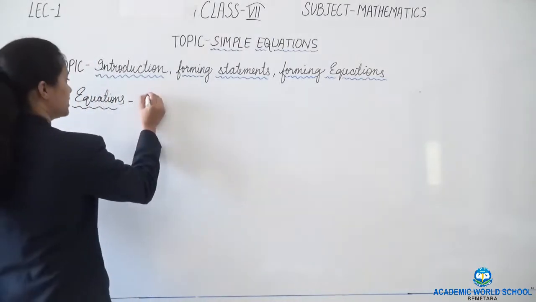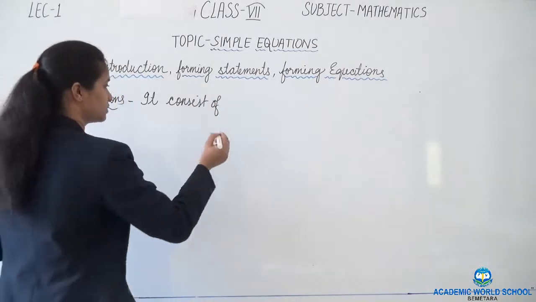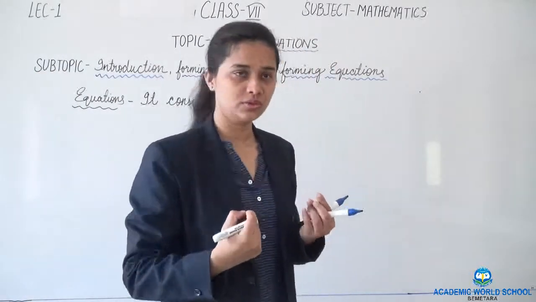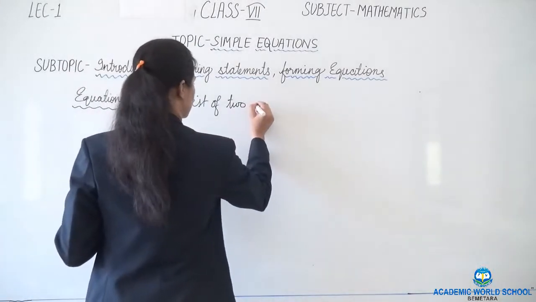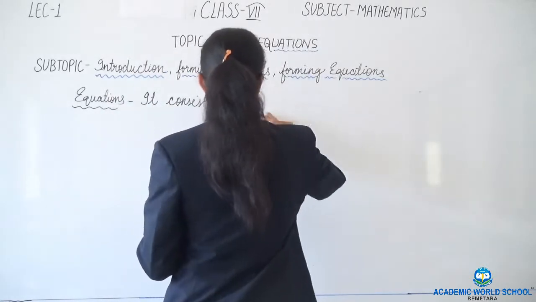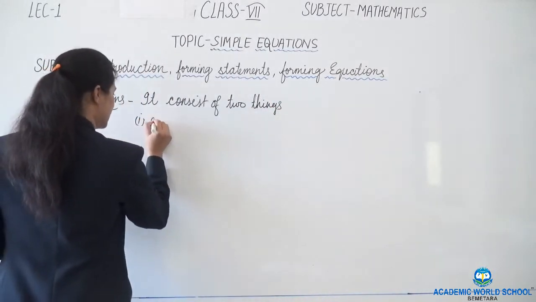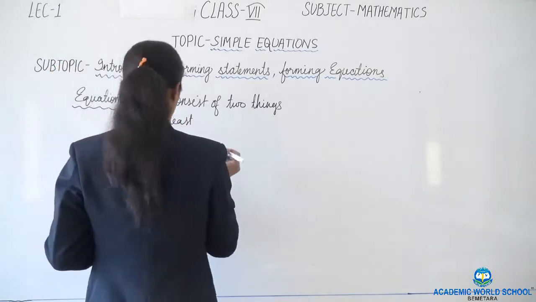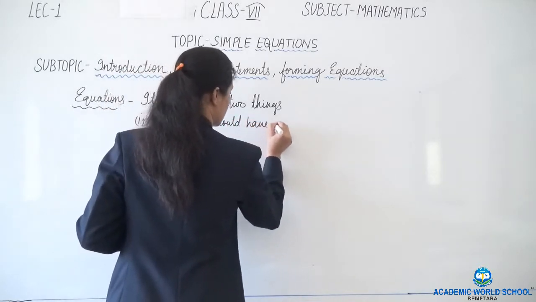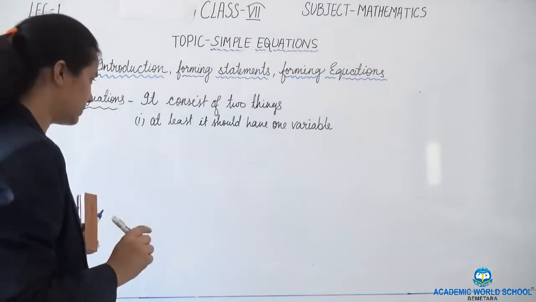So, equations consist of two things. First, at least one variable.